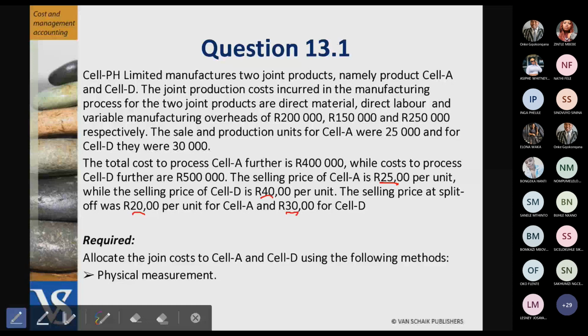You need to be very careful of that because sometimes you'll find that the production and sales units are different. You've got a closing work in process. So be very careful. If you've got that, you must know that you'll take the production units. Remember what we're doing here, guys, we're allocating the production cost. So we're allocating the production cost using physical production units, not the physical sales units.